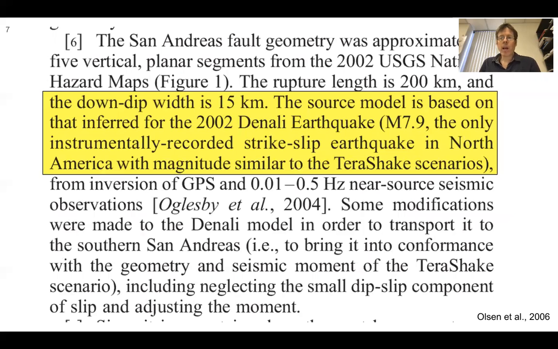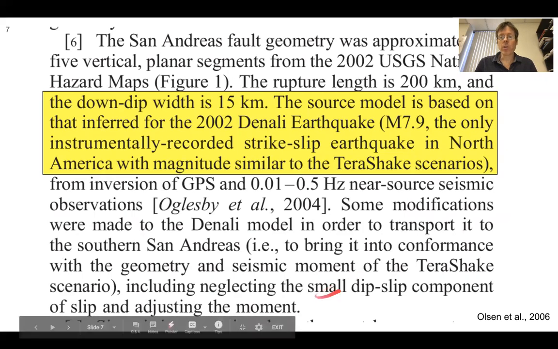So in this paper, we see the line, the source model is based on that inferred for the 2002 Denali earthquake, magnitude 7.9, the only instrumentally recorded strike-slip earthquake in North America with magnitudes similar to these scenarios.